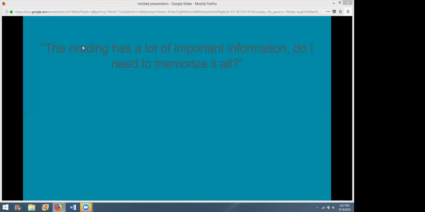The reading has a lot of important information, and it just seems like everything is important. Do I need to memorize it all? You know what I'd say? It's not always about the facts. You don't need to memorize every single line, every single happening. Like I said in the first couple slides, it's not always about the facts.